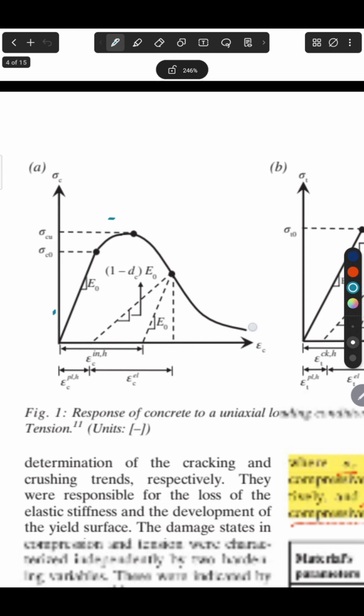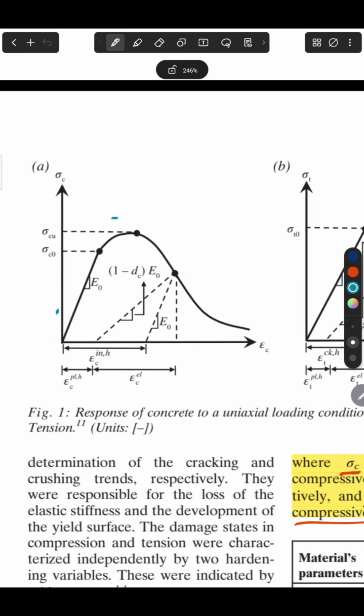Okay, I told you about the initial value. The initial value we have to take such that it lies under this elastic region.